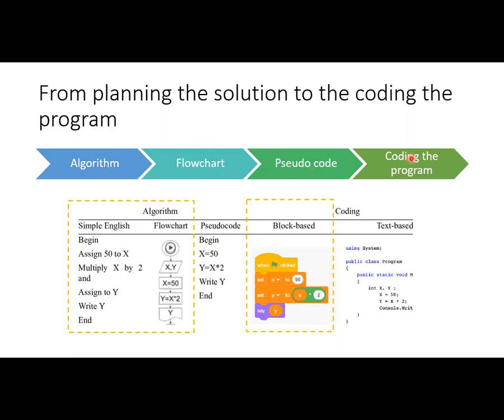And finally, we need to code the program. Actually, we don't use a text-based programming language such as Java or C#. We just use a block-based programming language, the Scratch platform.